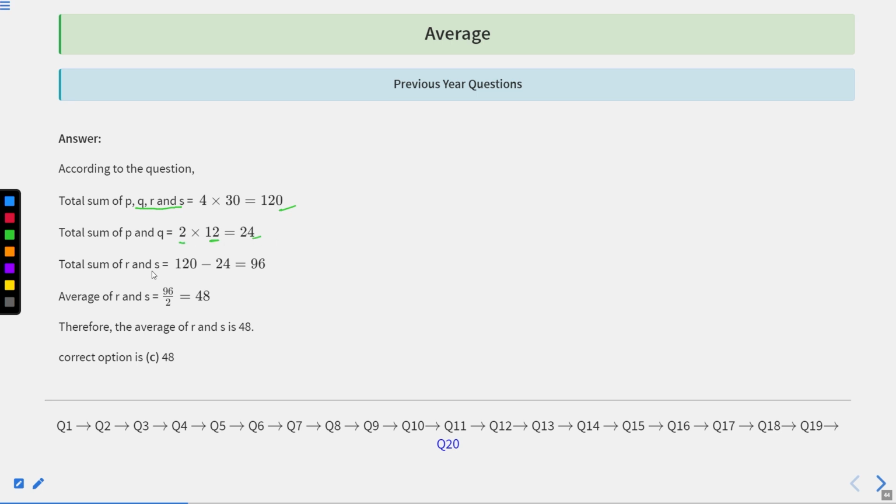So the sum of R and S is going to be 120 minus 24. We are subtracting this and this, so we get sum equal to 96. So the average of R and S is going to be 96 upon 2, that is 48. Therefore, the average of R and S is 48.